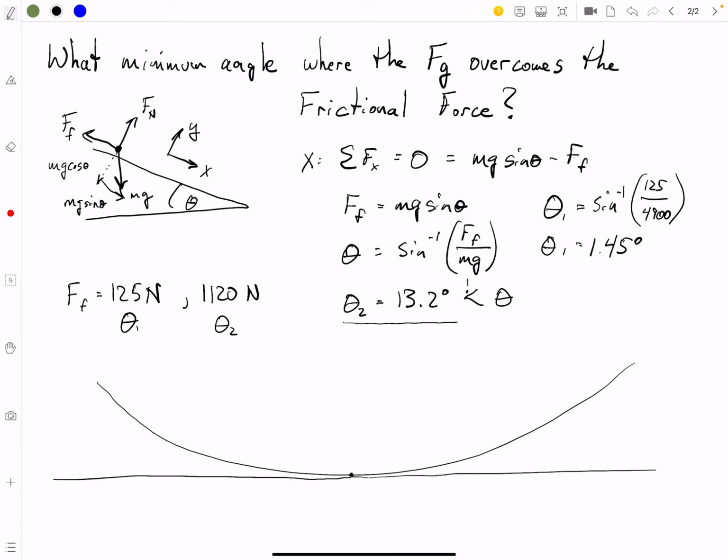Let's say that's 13.2 degrees. So at this point, we're at 13.2 degrees. And down here at this point, we're at 1.5 degrees.